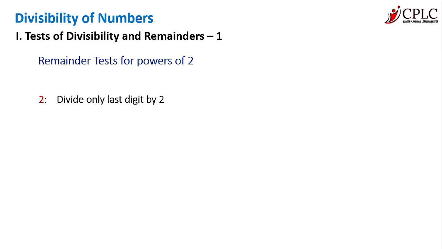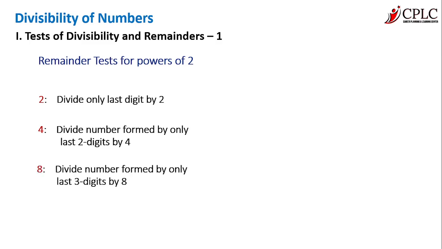So you don't have to do any other calculation. Similarly, for 4, you are not supposed to divide the entire number by 4, but only the last two digits by 4 to find out the remainder. Similarly, for 8, you have to divide only the last three digits by 8, and lastly, for 16, you have to divide only the last four digits by 16 to find out the remainder.